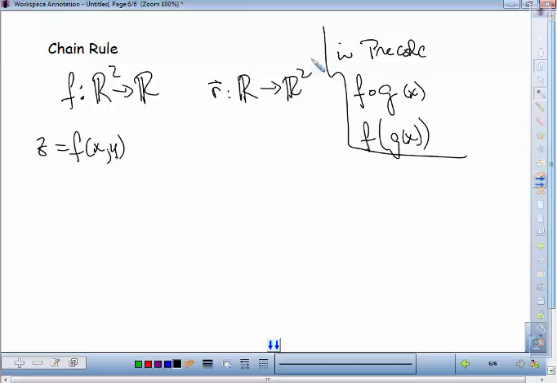Goes from a real number to a pair. How might this function look?